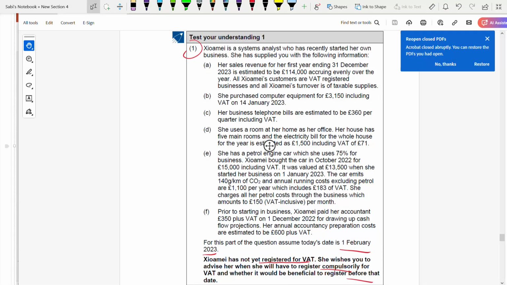Her sales revenue for her first year ending 31st December is estimated to be 114,000, occurring evenly over the year. All customers are VAT registered and all of Xiaomi's turnover is of taxable supply.